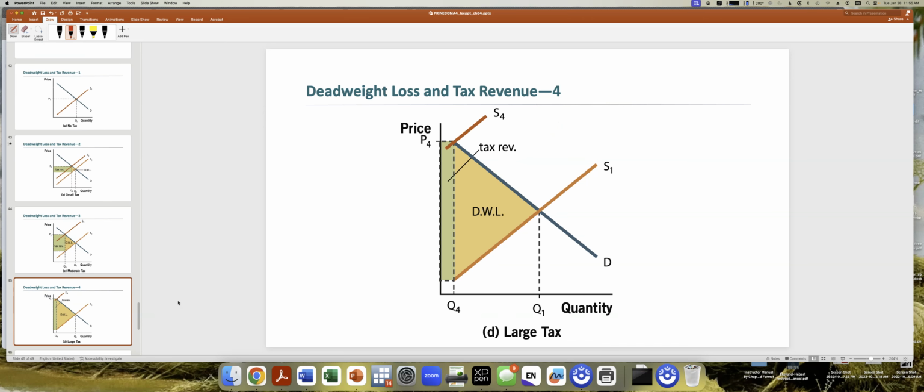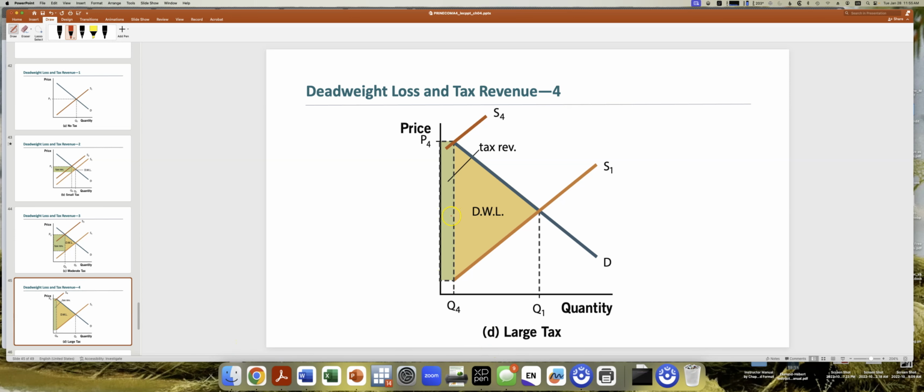And obviously you can impose a huge tax, let's say, shift the supply curve even more. Now look what happens though. There's a huge deadweight loss, but there's not a lot of tax revenue. The tax revenue is actually pretty small, right?